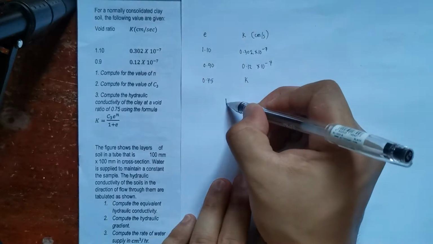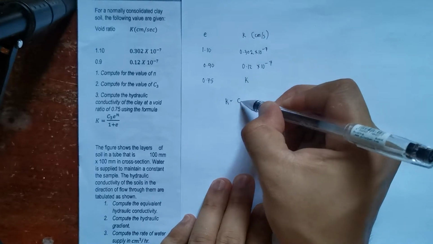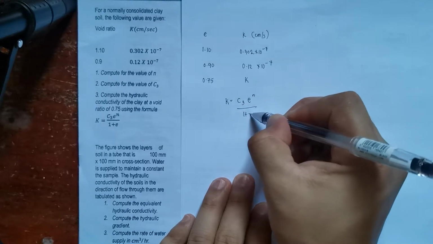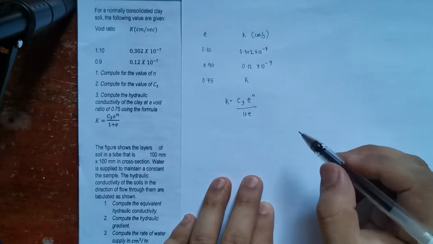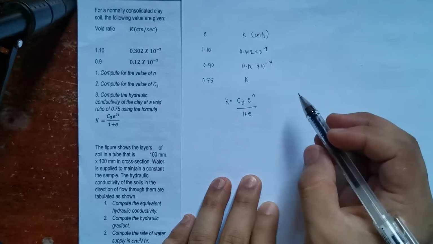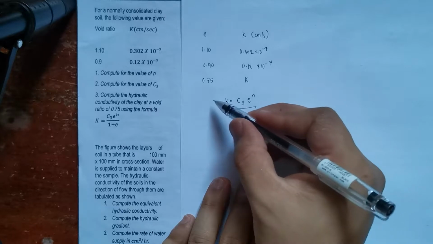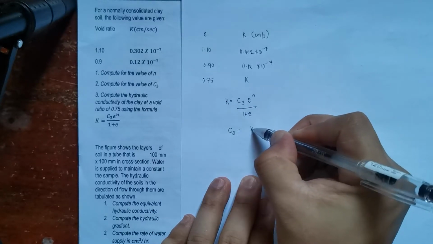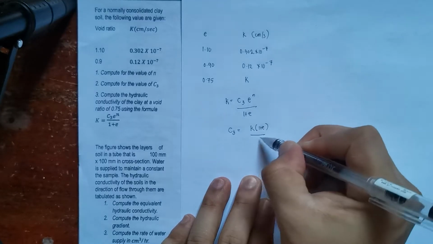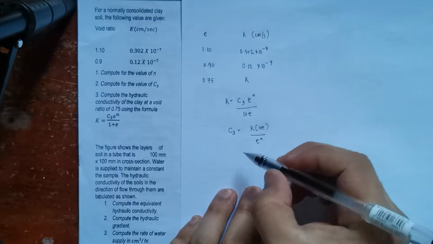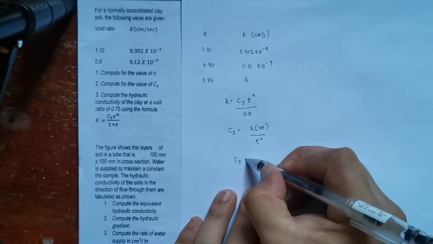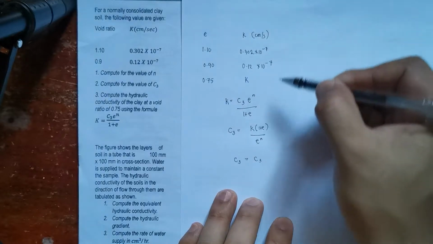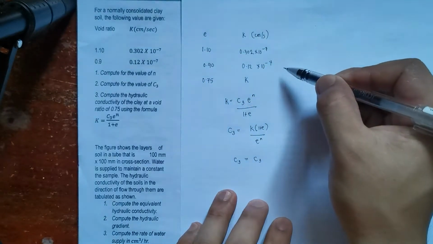So, using the formula indicated in the problem, K equivalent to C3 E raised to N over 1 plus E. Let's equate yung values ng kanilang C3 since constant yon. Kunin natin yung formula ng C3 by cross multiplication. C3 is equivalent to K (1 plus E) raised to N. So, by equating, C3 ng first values is equivalent to C3 ng second values.